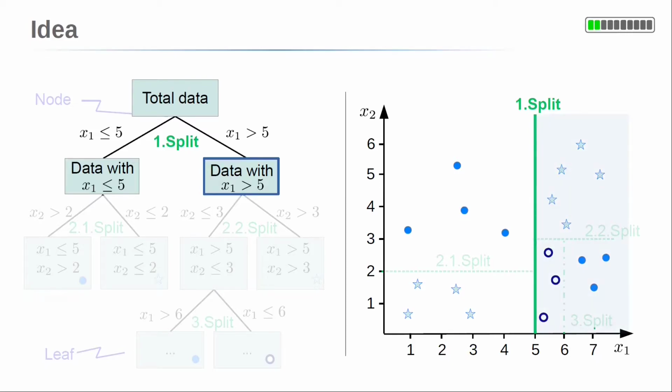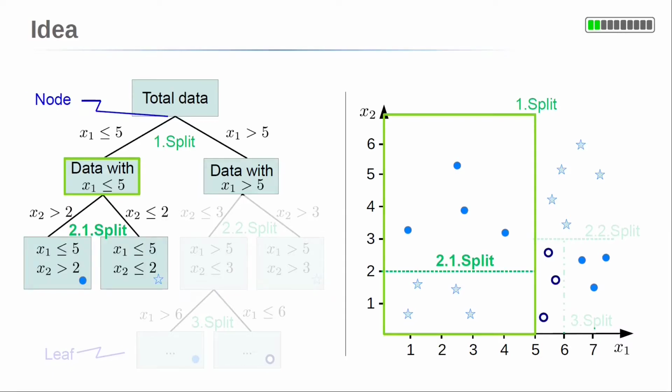The half with x1 greater than 5 on the right and the half on the left of the splitting line. The decision tree structure with the splitting questions is sketched on the left. A question is called a split because it splits the data into two parts. The origin of a split with its data is called a node of the tree structure. This first node is also called the root node.